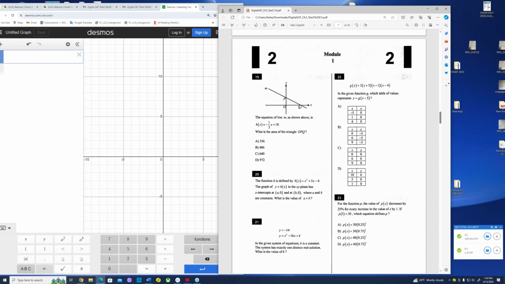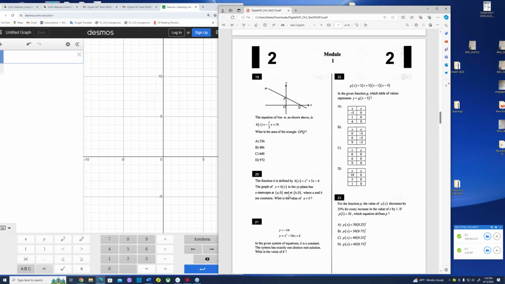Okay. For number 20, we have a function. What they ask you: x squared plus 5x minus 4.